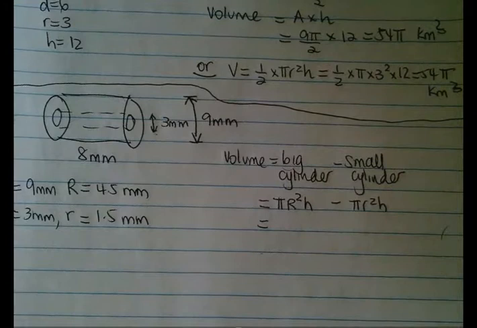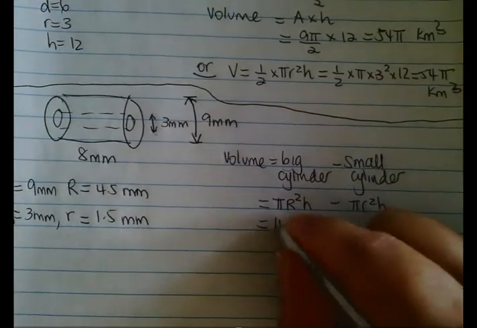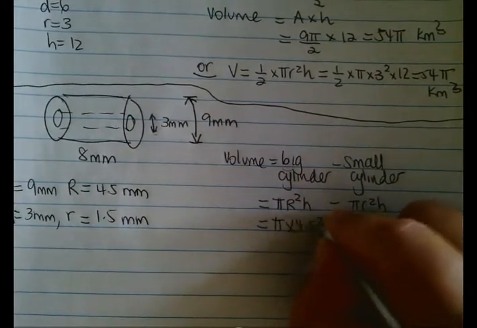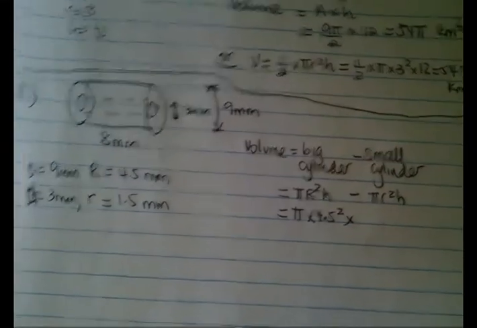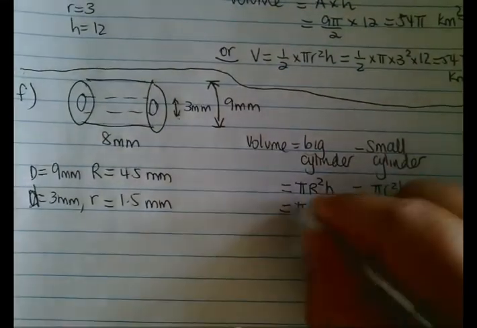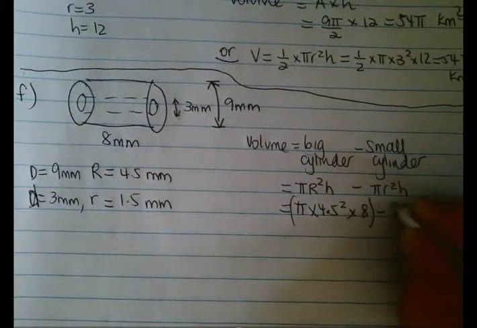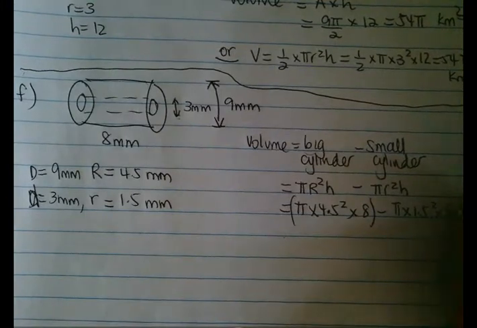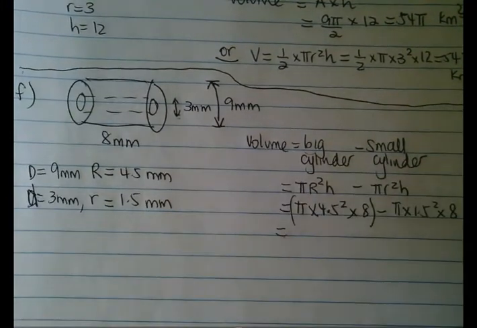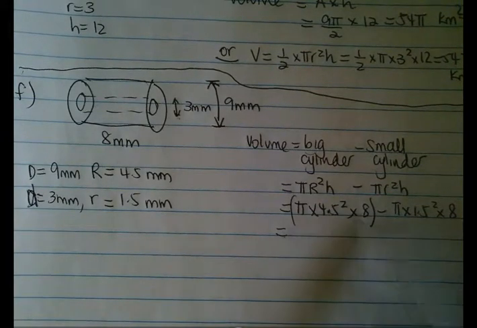So girls, you can do big cylinder minus small cylinder. Do the big shape and cut the small one out. So that's pi times 4.5 squared times, do they both have the same height? Yeah. Good. Brackets minus pi times 1.5 squared times 8. Now, you can work out each one separately if you want. I probably would. What's 4.5 squared times 8?